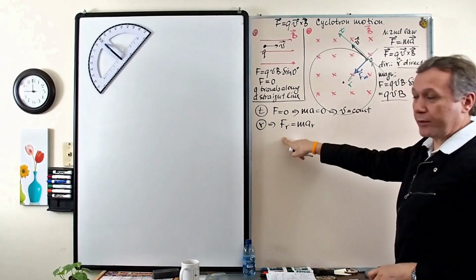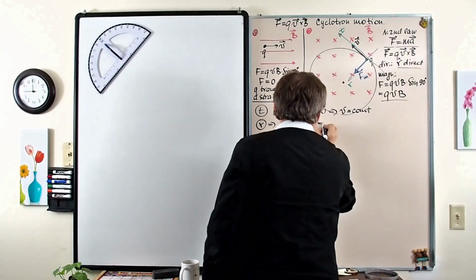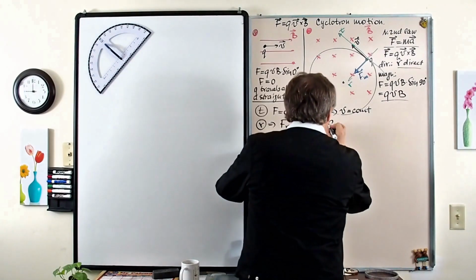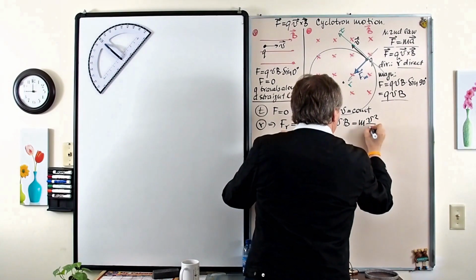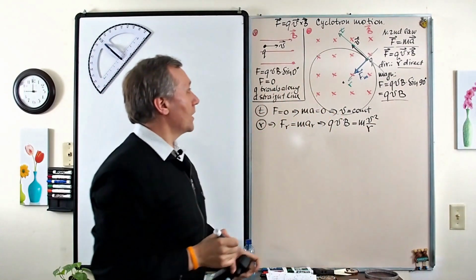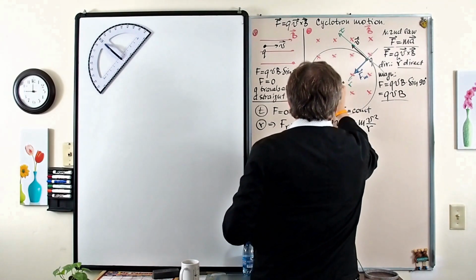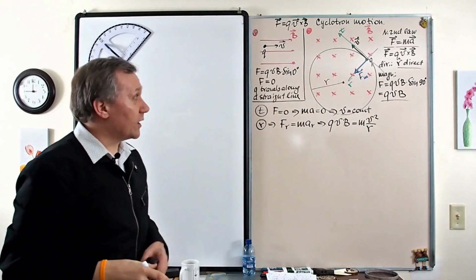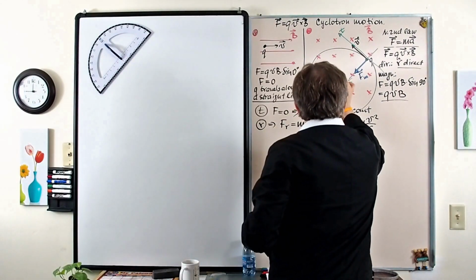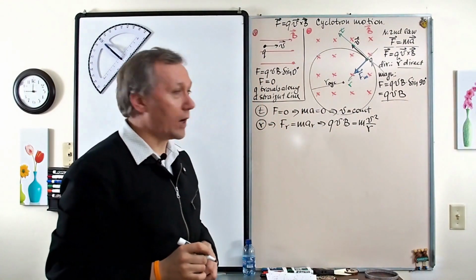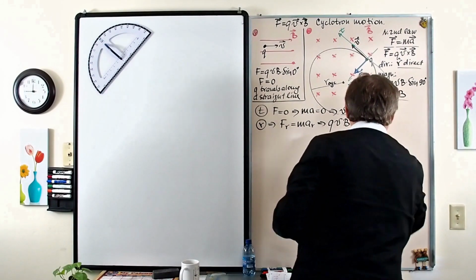Okay, so now we know the absolute value of the force. It's QVB in the radial direction, and we know the formula for the centripetal acceleration. So we can easily write now QVB equals mv squared over r. R is the radius of this circle. Since we're talking about cyclotron motion, usually we add the subscript cyc, cyclotron radius, and I will also add that.